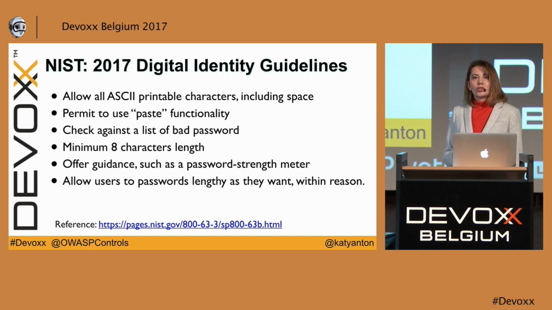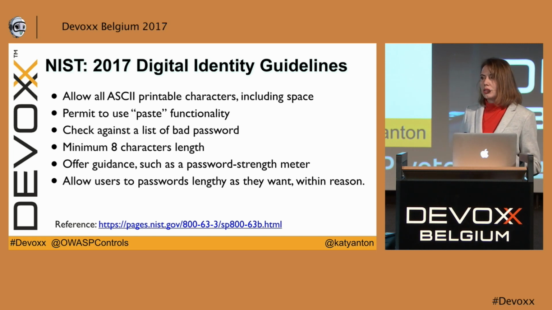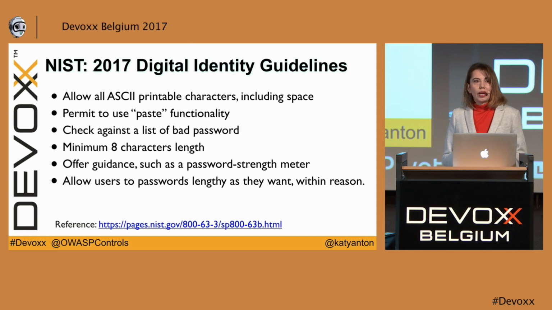When it comes to the actual length limit of the password, the minimal recommended is 8 characters, but we should help the user with password strength meters to choose a strong password, and should allow the user to enter passwords as lengthy as they want.